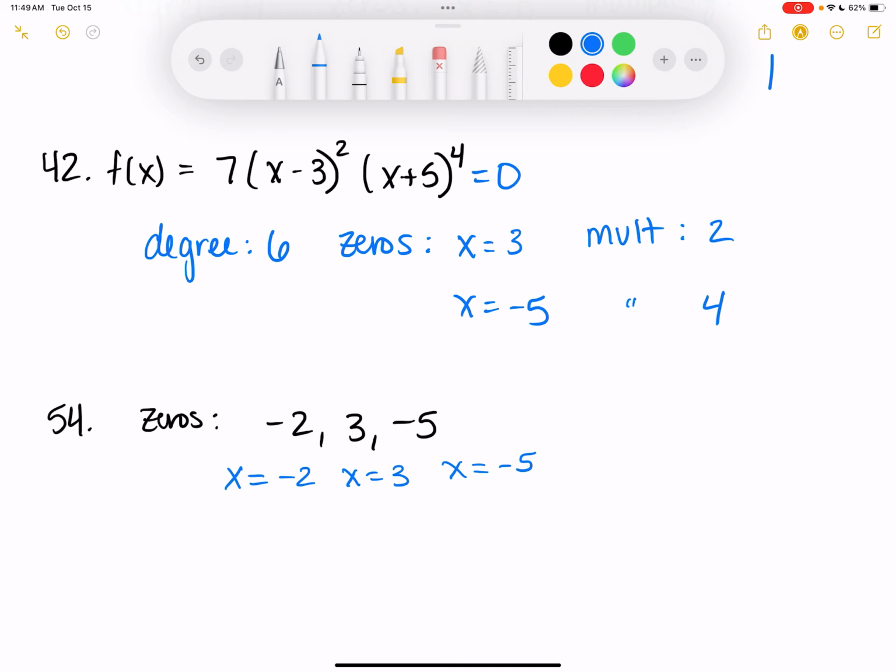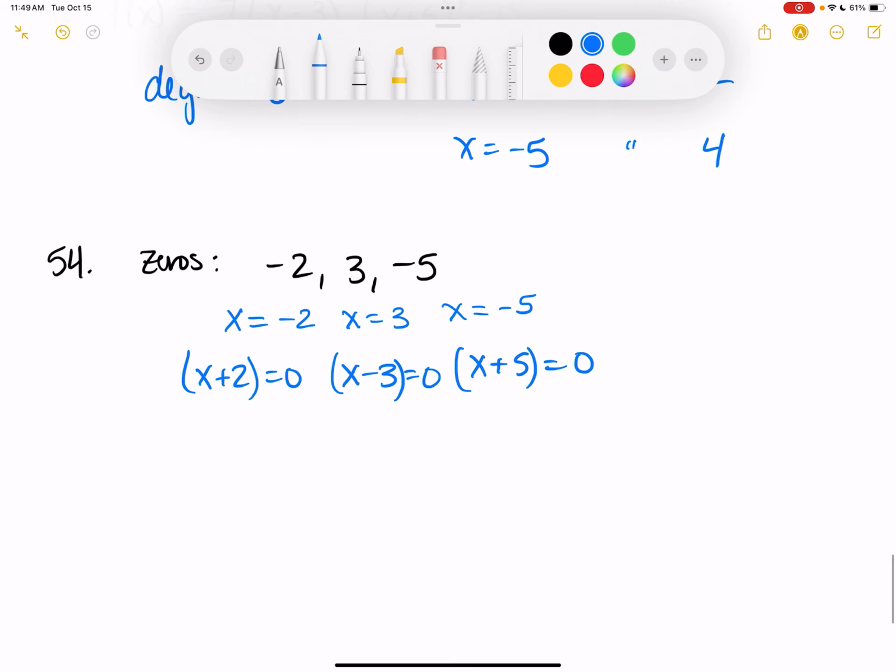So you're going to end up with x plus 2 equals 0, x minus 3 equals 0, and x plus 5 equals 0. Now these pieces that I've just put parentheses around are my factors. So I will have f of x equals x plus 2 times x minus 3 times x plus 5.